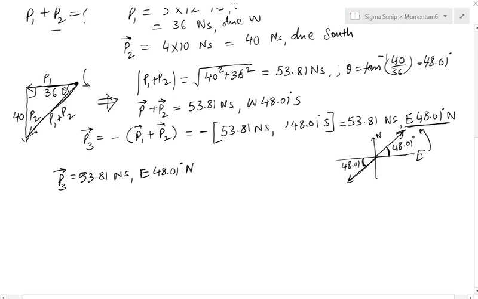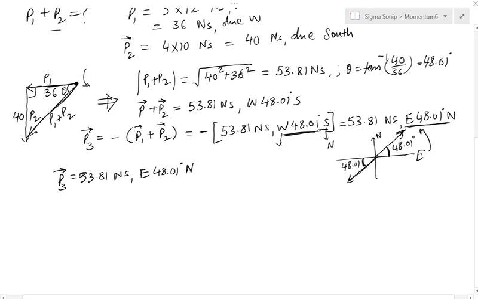You see this, west 48.01 degrees south. If you want to reverse it, you just convert west to east. Reverse of west is east, and reverse of south is north. That's what you need to do essentially, and you will have reversed the direction of your given vector.